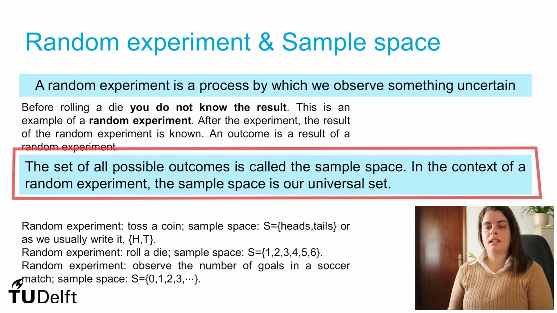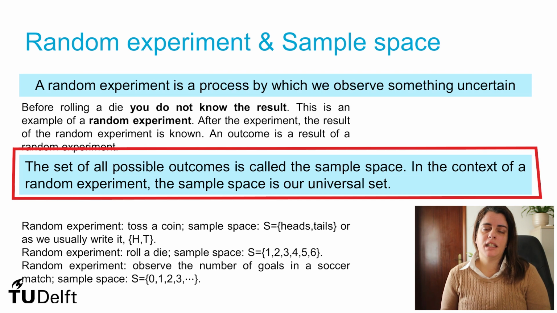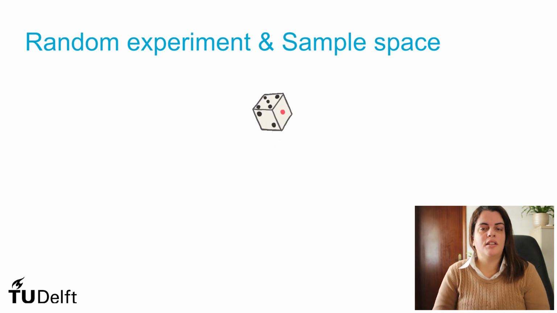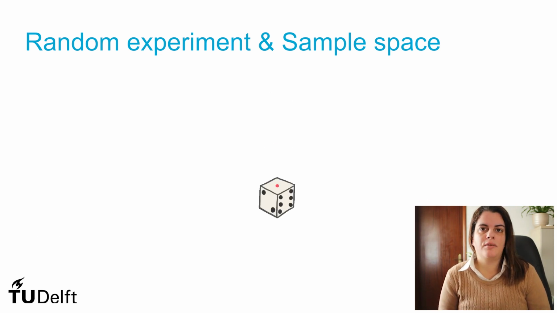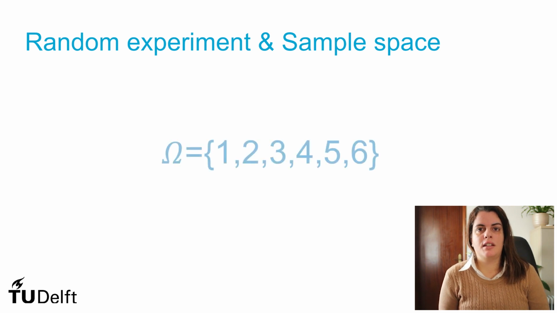As we have previously studied, the set of all possible outcomes is the universal set, or in the concept of a random experiment, we call it the sample space. So for instance, consider the random experiment of rolling a dice. The sample space is the faces of the dice, being 1, 2, 3, 4, 5, 6.